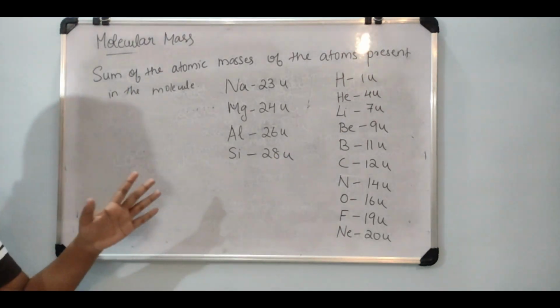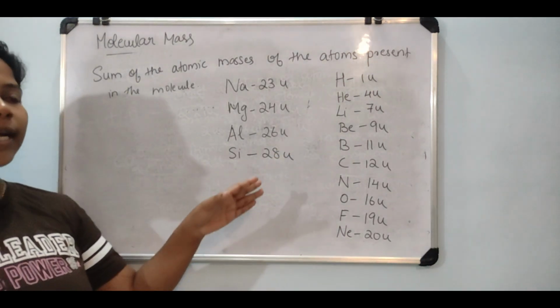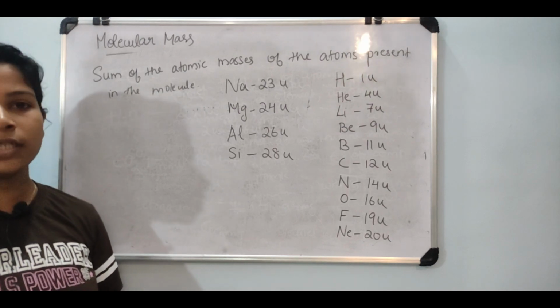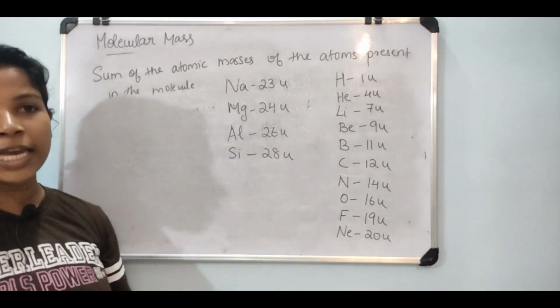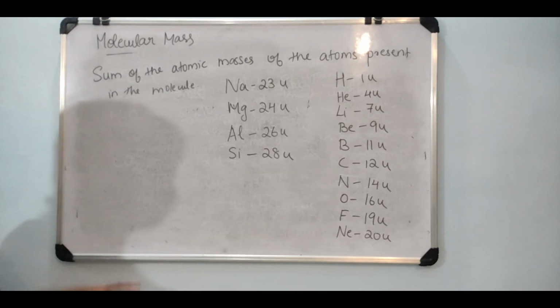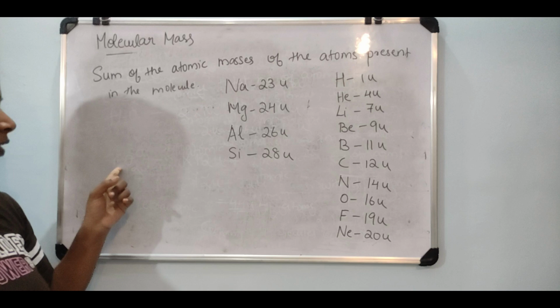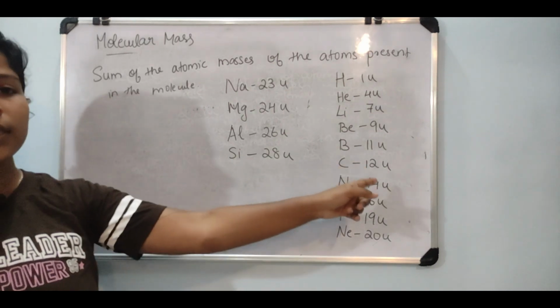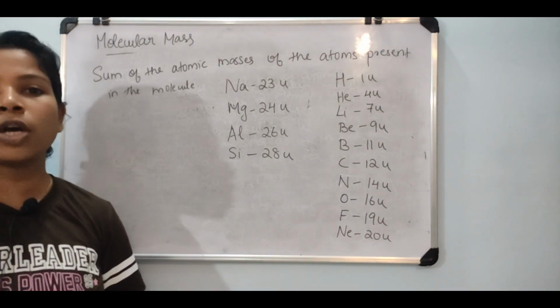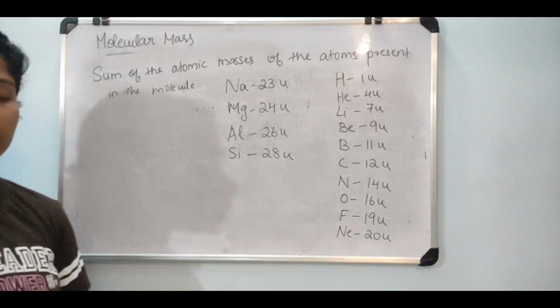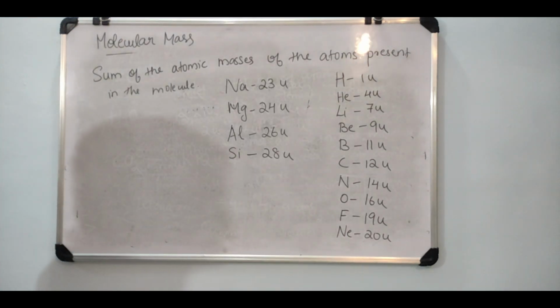Okay, study at least till 20. Study these values at least till 20 so that it will be easy for you to calculate. How I calculated the previous thing, how I got the value of carbon, atomic mass of carbon is 12U. See, it's given. So study atomic masses till atomic number 20, till calcium you learn.